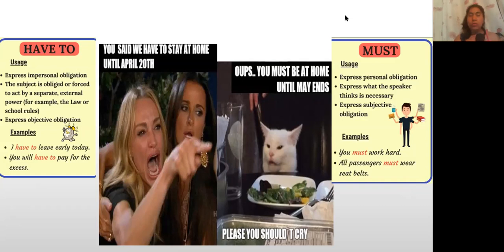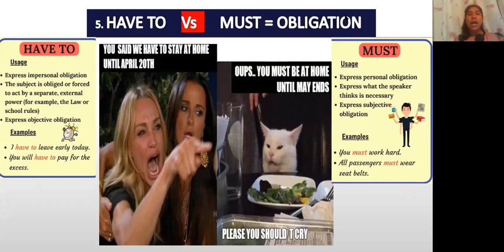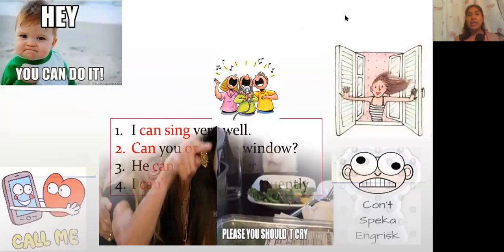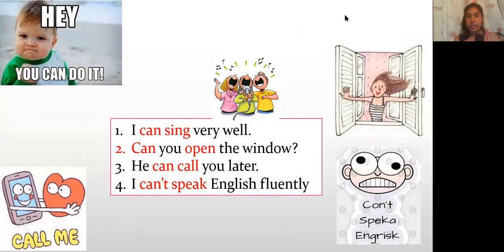No choices for you. You have to obey. However, must is your personal decision. You decide because it's a moral intention that you say, yes, I must do it. And sometimes it's expressed as a strong suggestion. Okay?